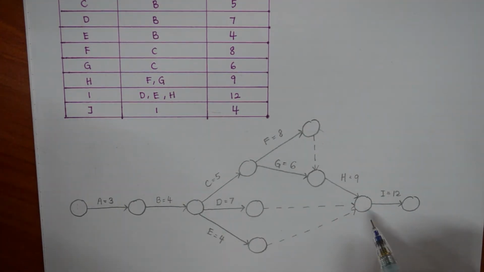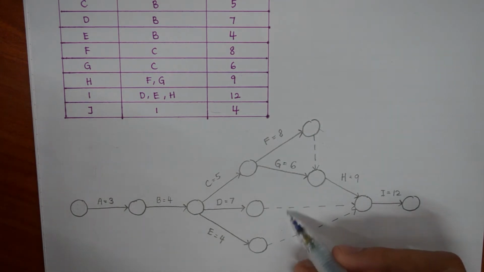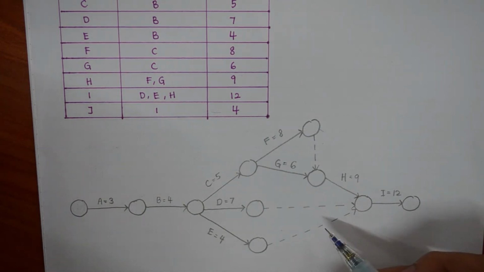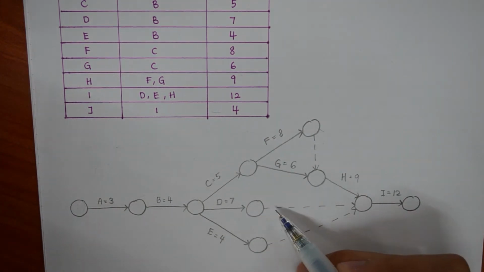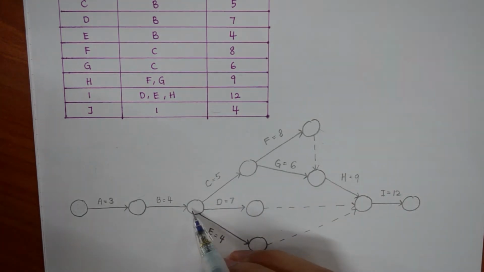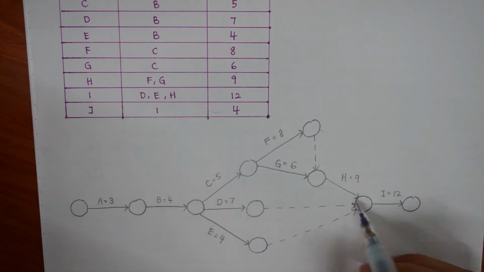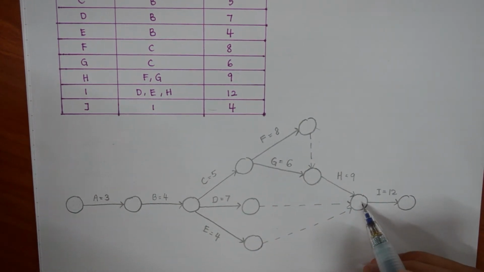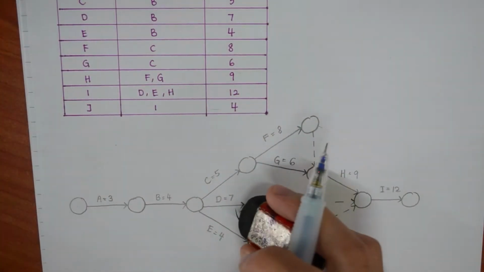Now as you can see here, we have 2 dummies. We can turn either one of the dummy activities into a direct connection from here to where H ends. So we rub this off.